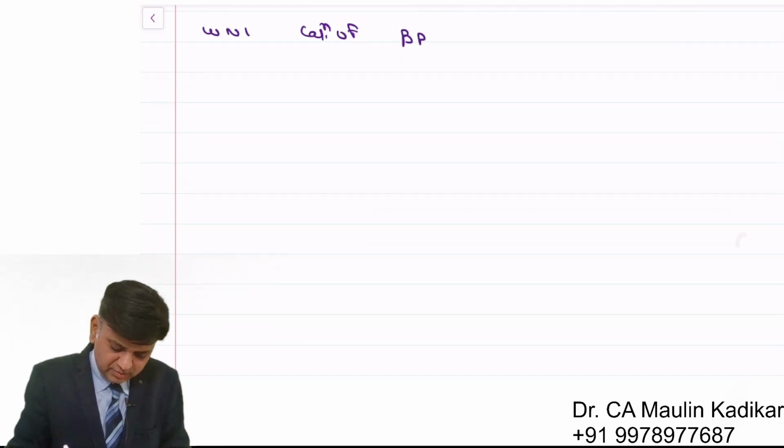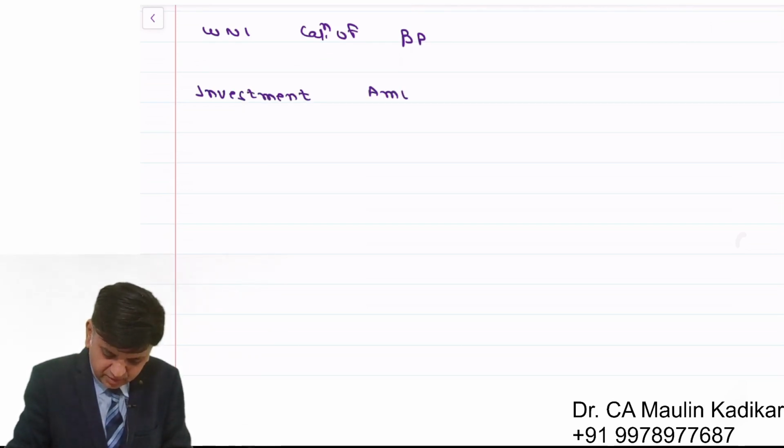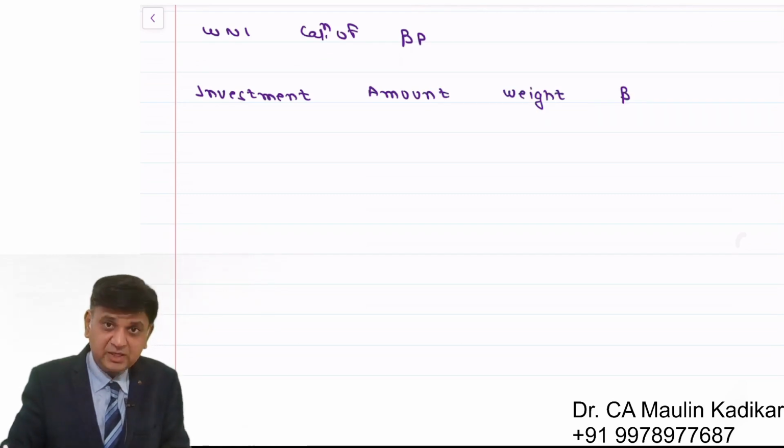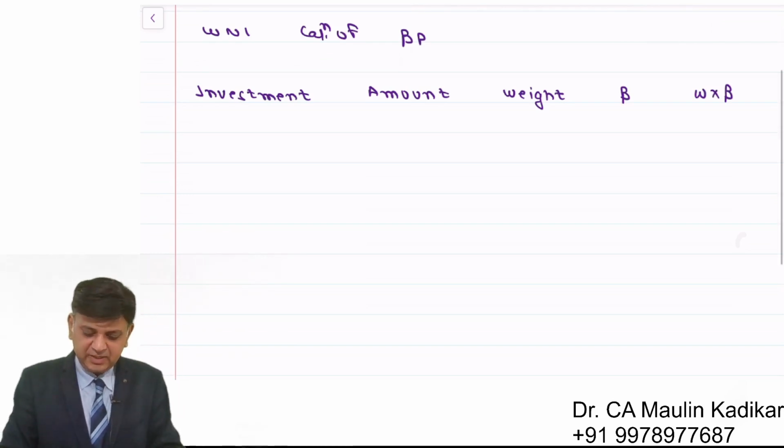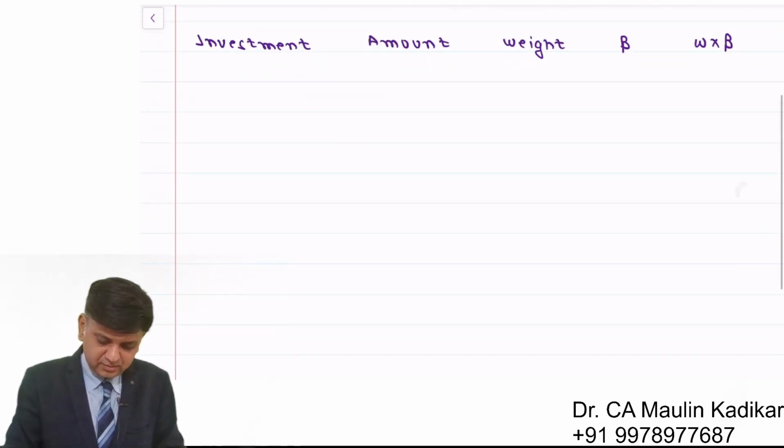In that, column number 1 is the name of the security in which investment is made, amount, its weight or proportion will be calculated, it will be multiplied with the respective beta and weight into beta. That is the way the beta of the portfolio will be calculated.